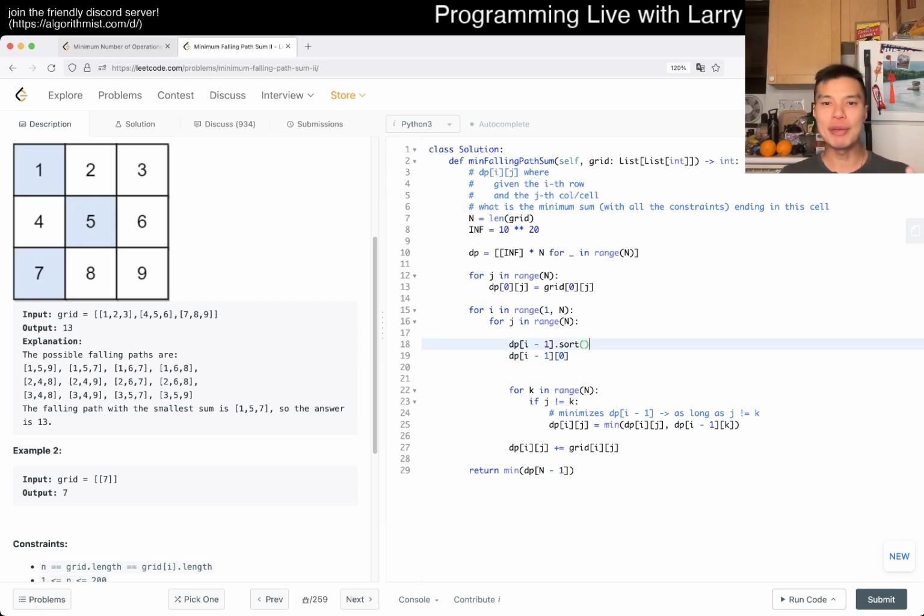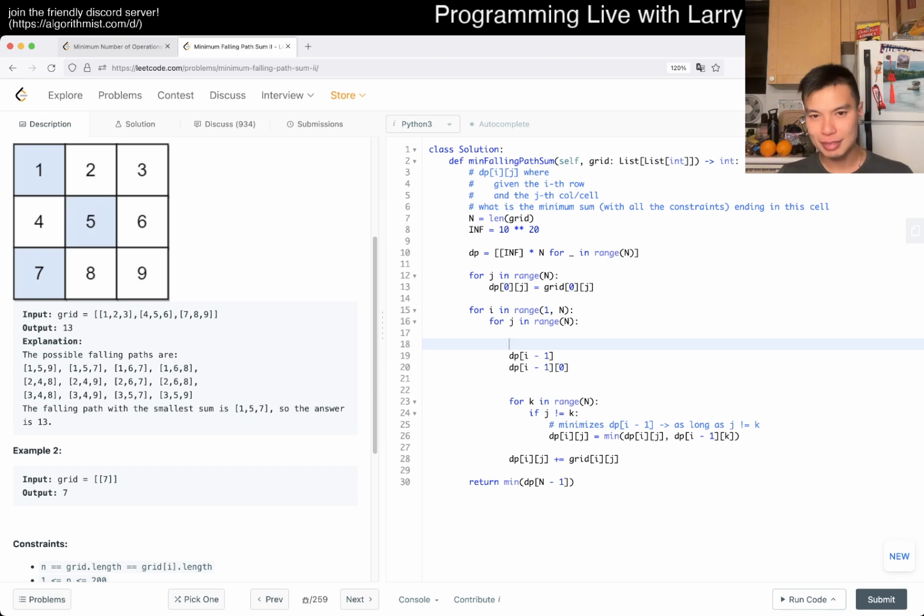I mean, maybe we can write it in a more complicated way, right? Maybe we can write something like, you know, for k in range of n. Let's just, for the purpose of this, rewrite this as equal to this with k.